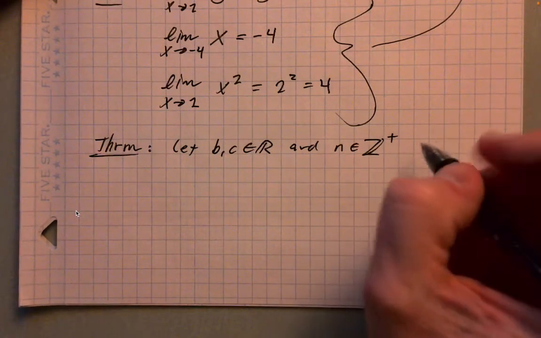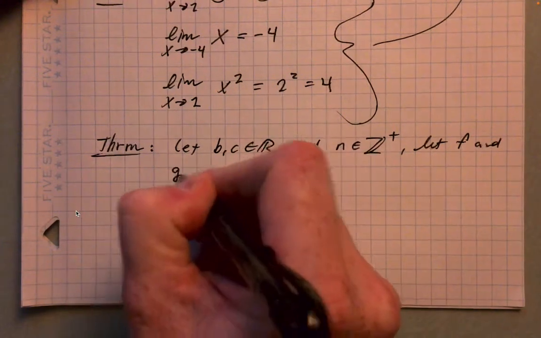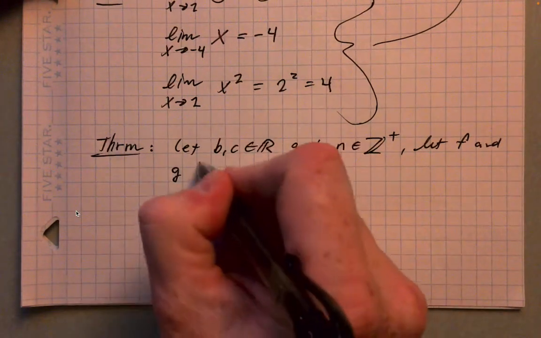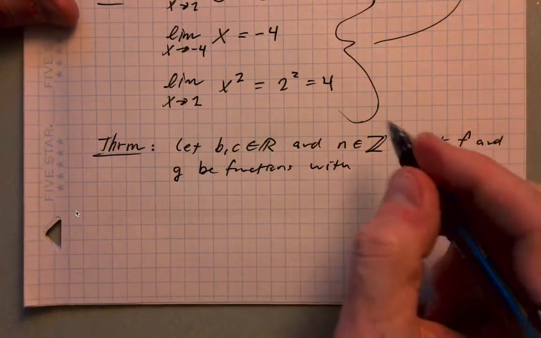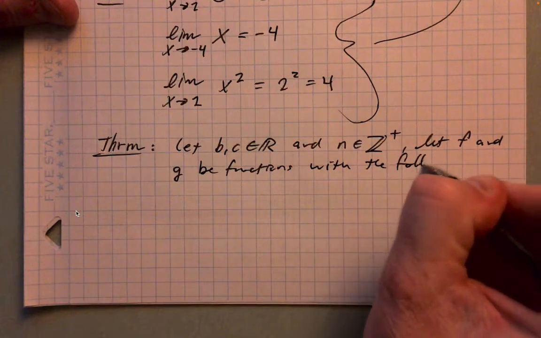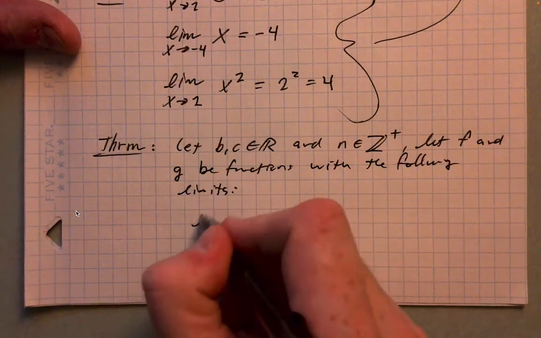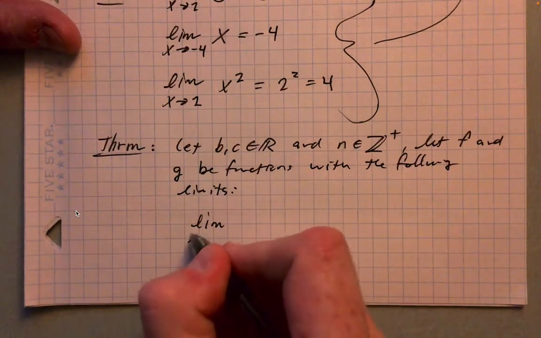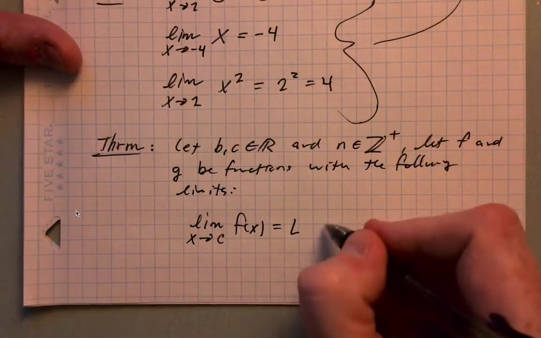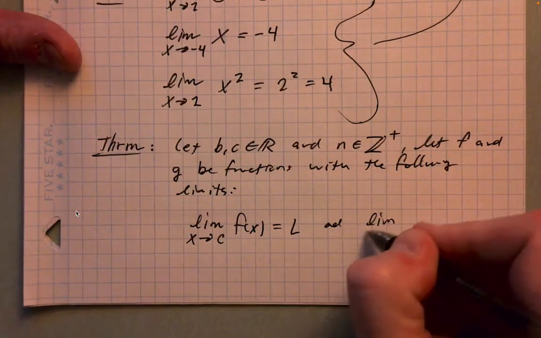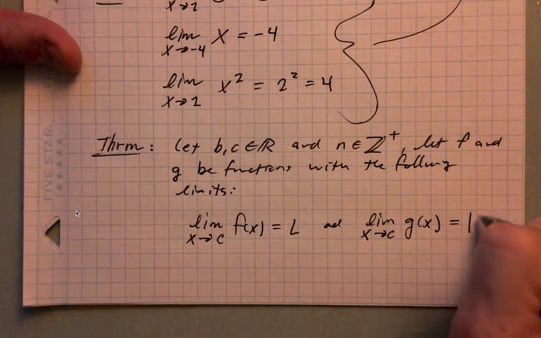Then we'll also let f and g be functions with the following limits. So we'll say that the limit as x approaches c of f(x) is equal to L, and the limit as x approaches c of g(x) is equal to some other value k.